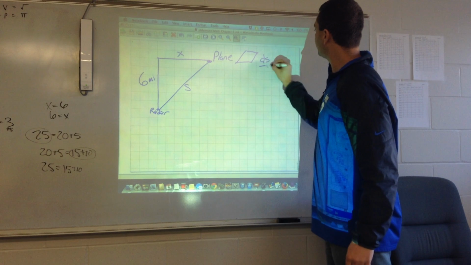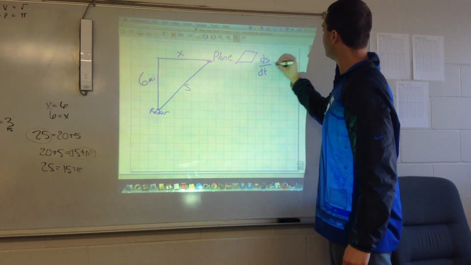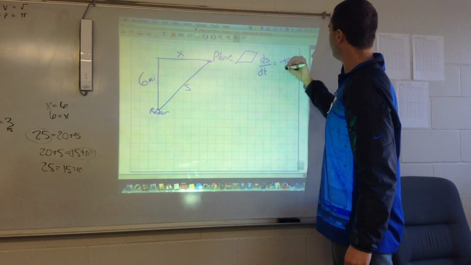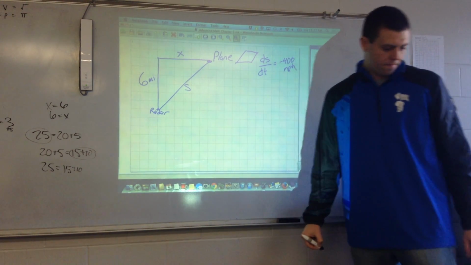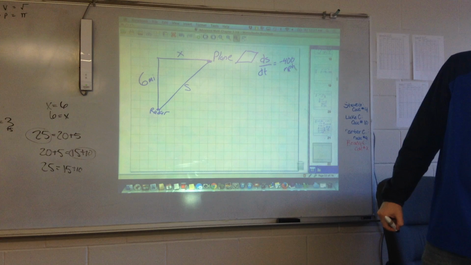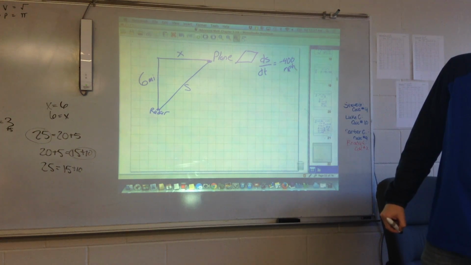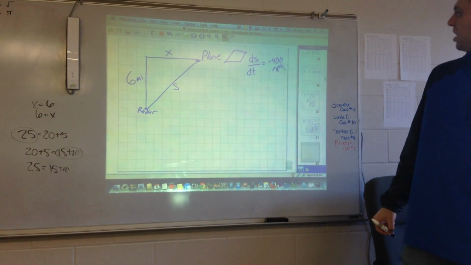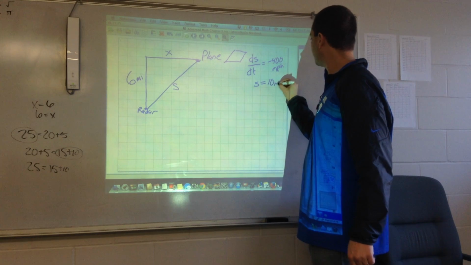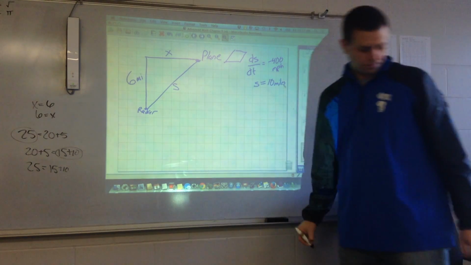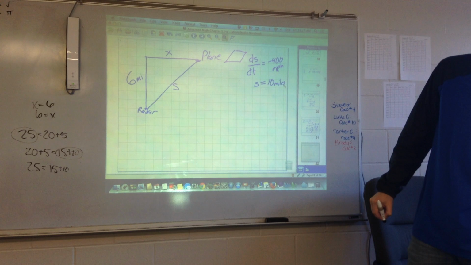So ds/dt equals negative 400 miles per hour. It says that's how fast it is decreasing at the moment when S is 10 miles. So that was given to us. S is 10 miles.